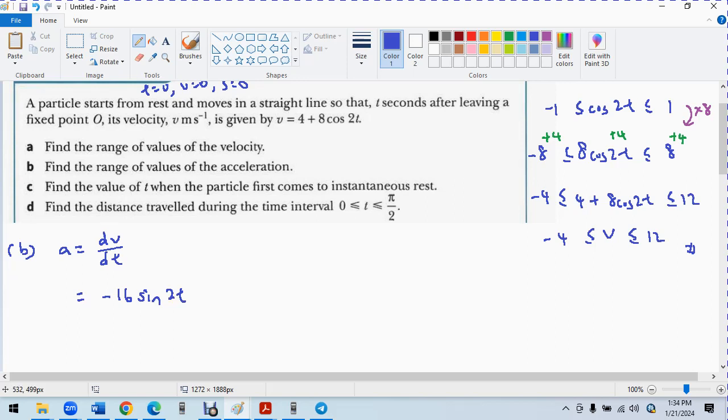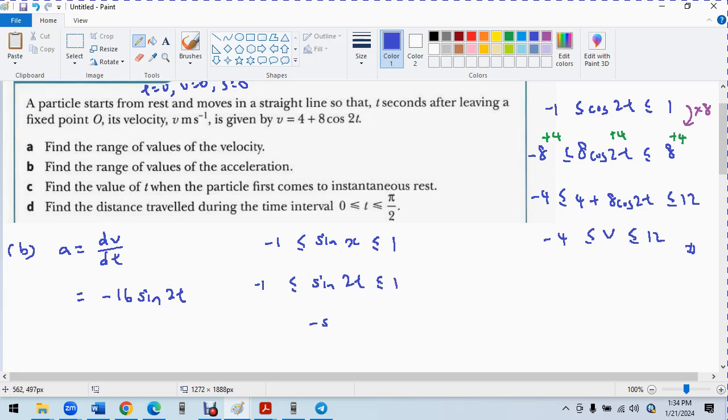Okay, so we know that sin x is between -1 and 1. Sin 2t is also between -1 and 1.